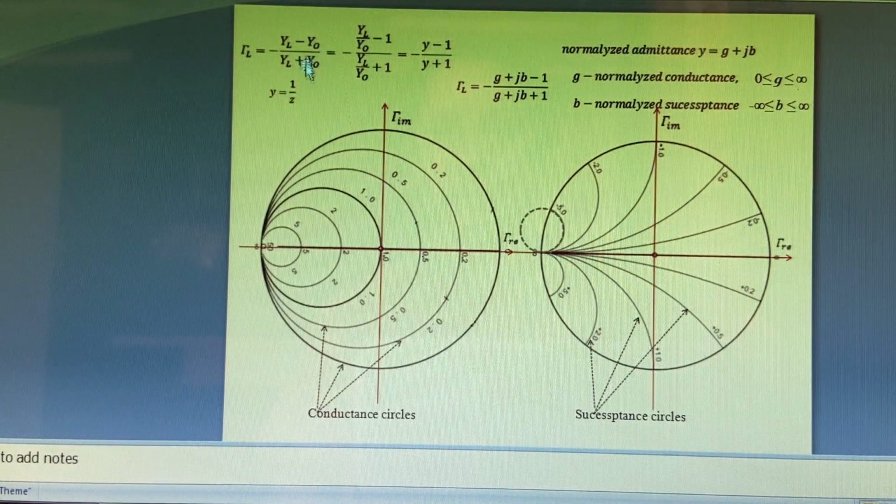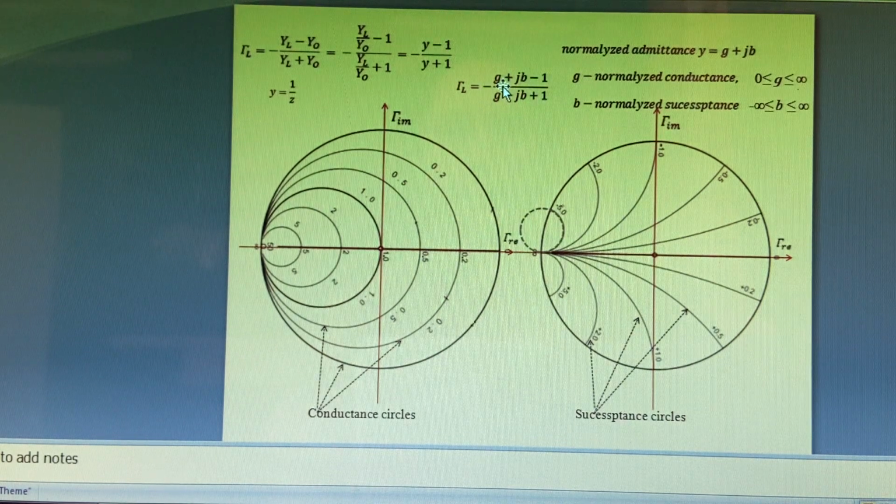If you rearrange this, we get this equation. Here YL by Y0 is a normalized admittance, and minus (Y minus 1) divided by (Y plus 1) gives the reflection coefficient in terms of admittance. This admittance can be written as G plus jB.